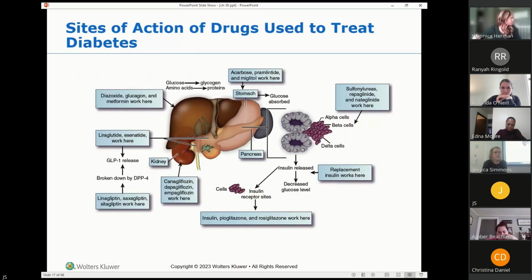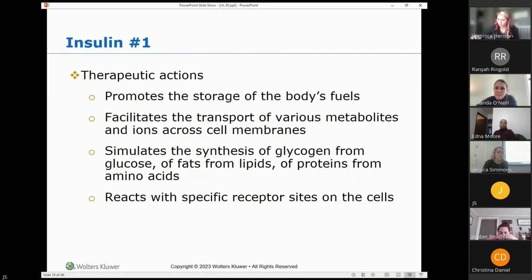Sites of action of drugs used to treat diabetes. This just shows a lot of drug names that you do not know yet, so we're not going to look at it right now. Number one, of course, is going to be insulin.